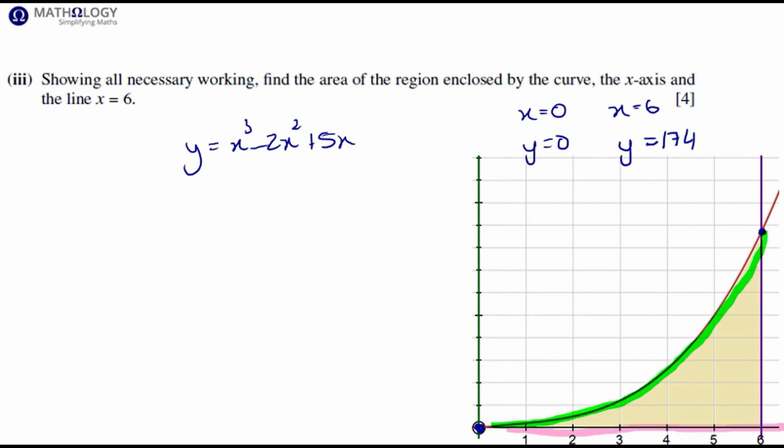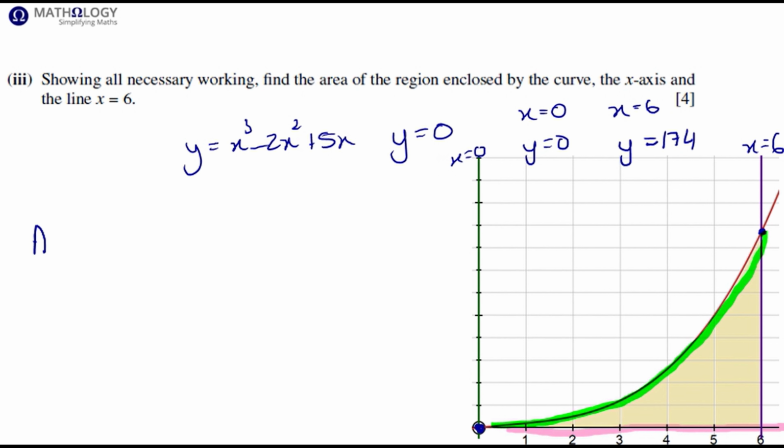The reason we're doing this is because the region enclosed by two curves is the difference in the y values. So the curve y equals x cubed minus 2x squared plus 5x and the curve y equals 0 are the curves bound by the lines x equals 0 and x equals 6.